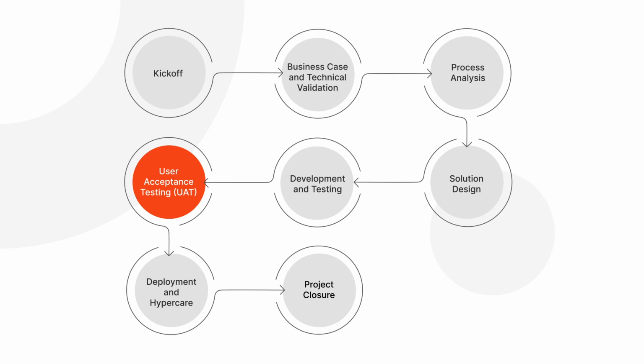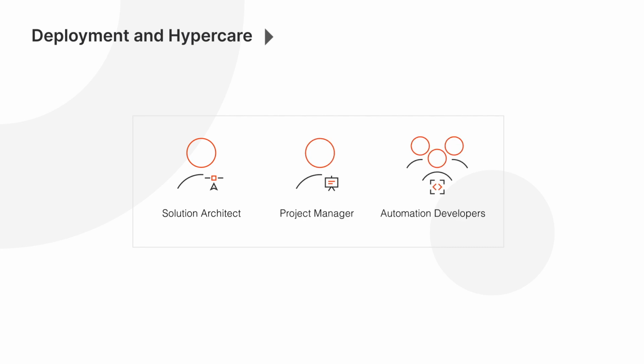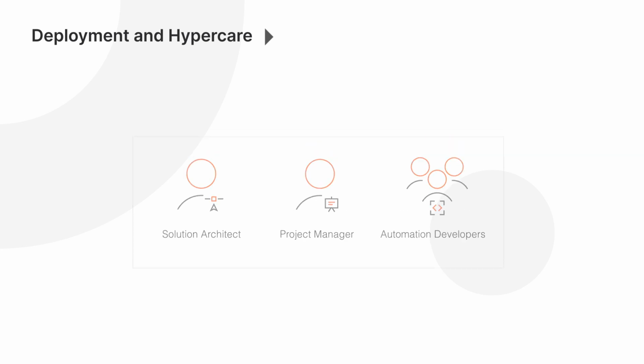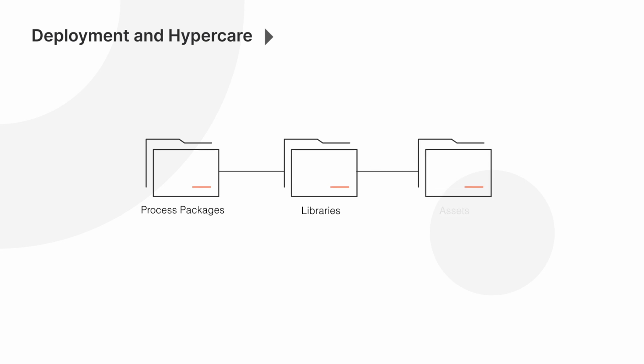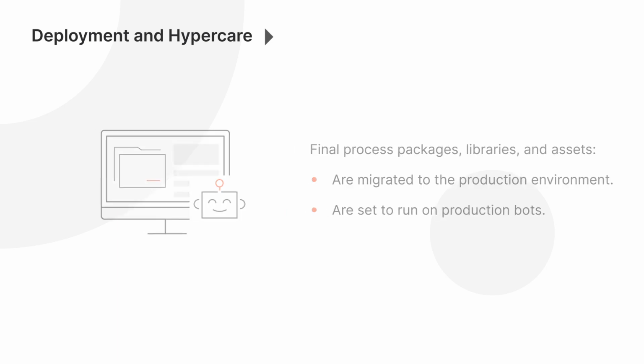Great! This brings us to the next stage, deployment and hypercare. The key people here are the solution architect, project manager, and automation developers. In this stage, the final process packages, libraries, and assets are migrated to the production environment. Then, they're set to run on production robots, which must have access to the production instances of all in-scope applications.